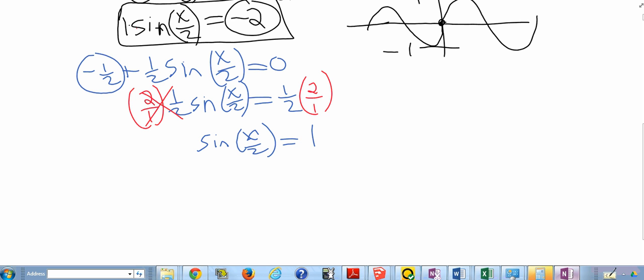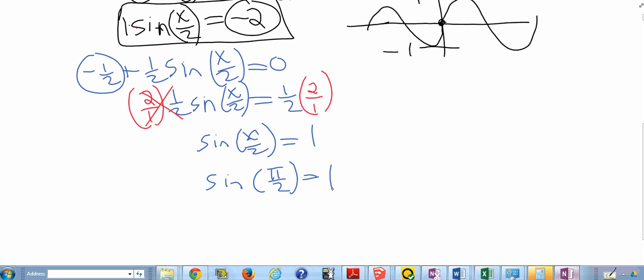So be careful right here, because you might think, well, I know that the sine of pi over 2 does equal 1. Well, that's true. So if you know that and you answer the question, when does x over 2 equal pi over 2?